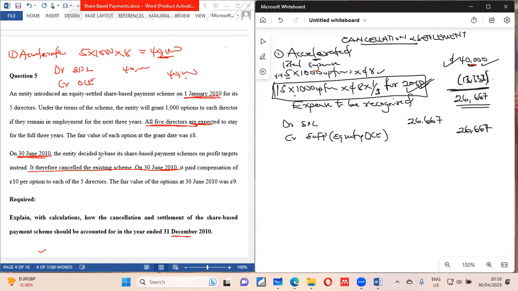So what is the payment? The payment that they paid, what would it be? They said that it paid a compensation of 10 per option for each of the 5 directors. So if it is 10 per option, what will you get? 10 by 5 by 1,000, right?